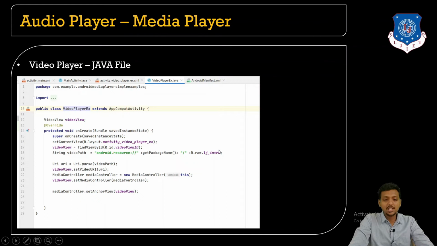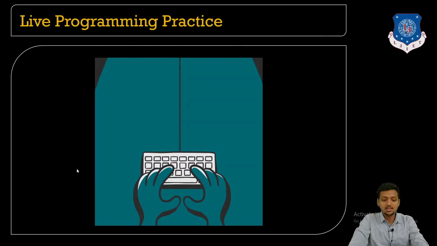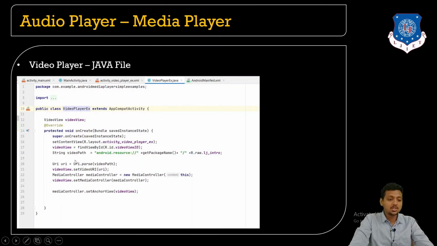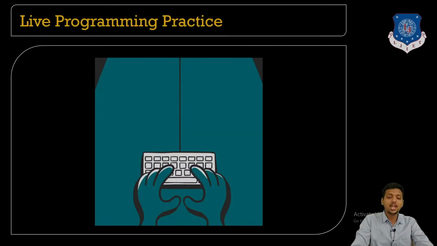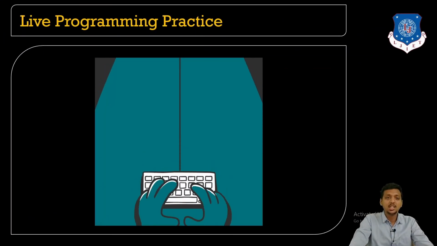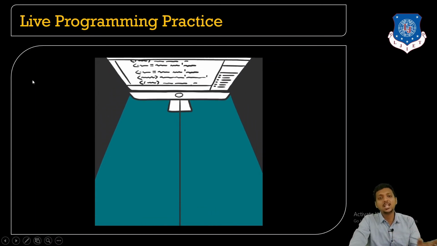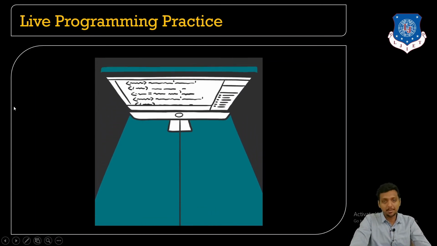So my video file name is ljintro. Now you just need to pass the URI over here, okay, and set the video URI into video view. And after using the media controller class, students, you can set the video over here and set anchor view, video view. So this is the method of how you can implement the audio file and video file inside your app.